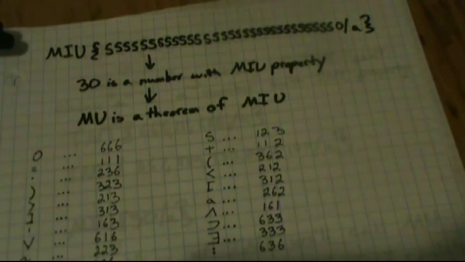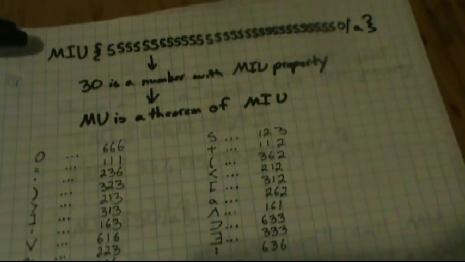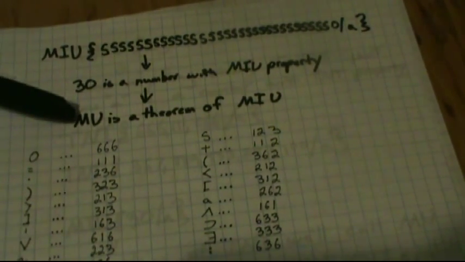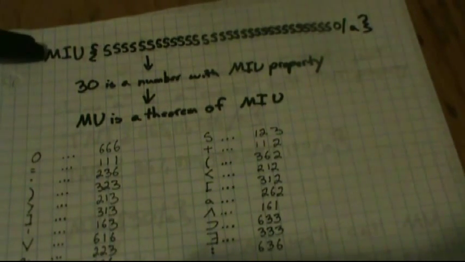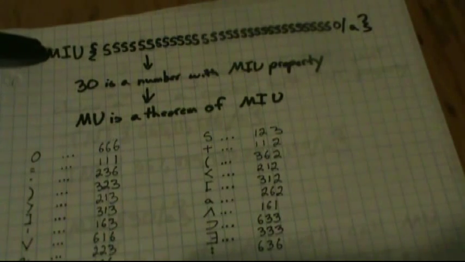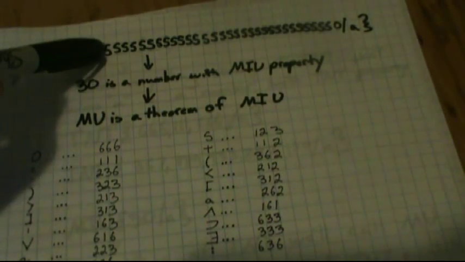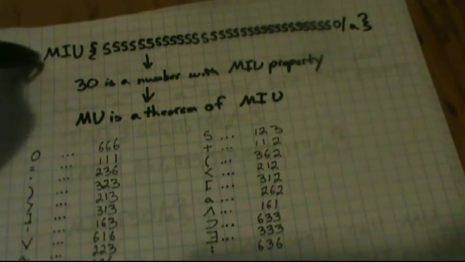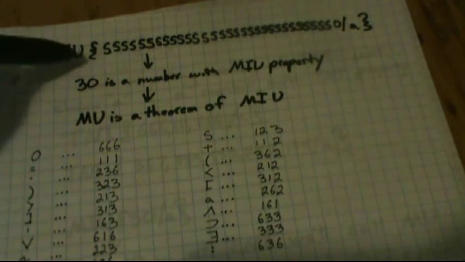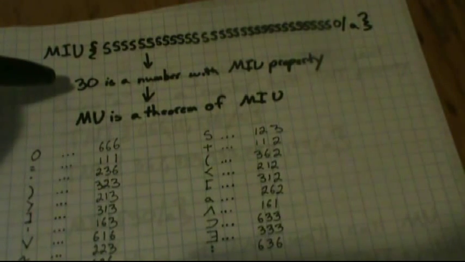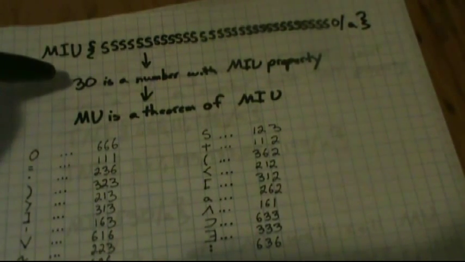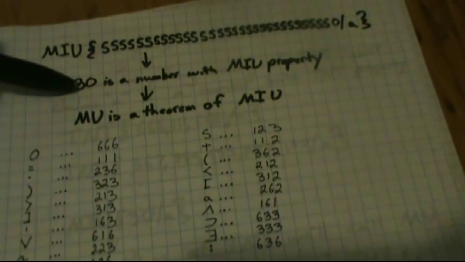You might remember in the first video that our question was, is MU a theorem of the MIU system? So an alternate but identical way to ask that question is: is 30 a number with this MIU property? That is, can we start with 31, do nothing but those 4 rules to those numbers, and get the number 30?